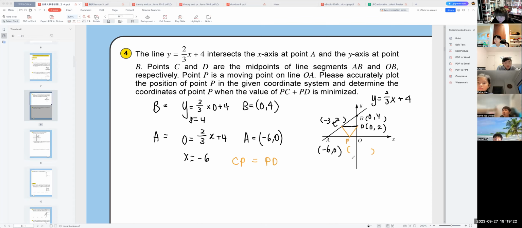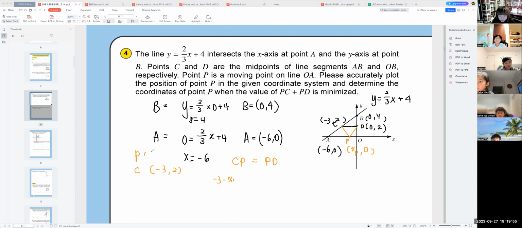Okay, I want to ask you a very simple question. Because P is located on the x-axis, the y must be what? 0, correct? So all we need to do is find xP. Again, the same thing. We have C here, (negative 3, 2), and P is (xP, 0). So we have CP equals... you know what? I'm going to use the distance formula, it's easier.